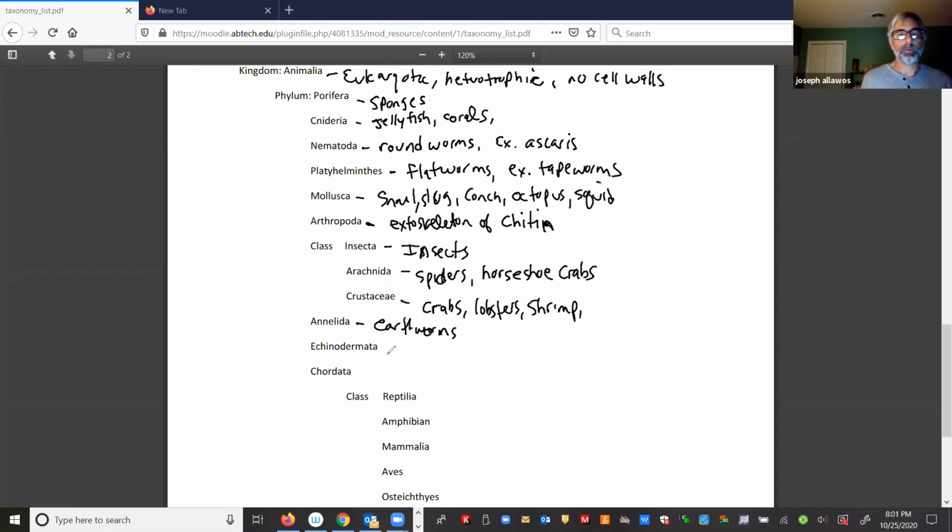Annelida are earthworms, which are segmented worms. Echinodermata includes sand dollars and starfish. Okay. Chordata. Now we're moving down the phylogenetic ladder here. Chordata are the chordates. They have a spinal cord.